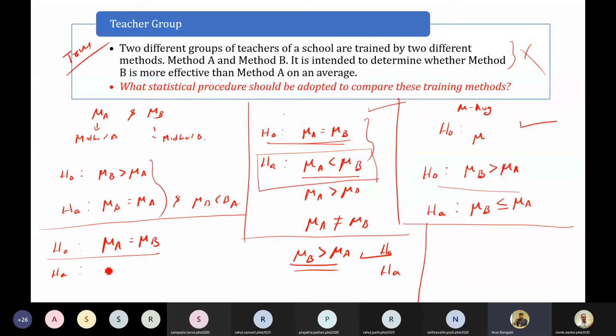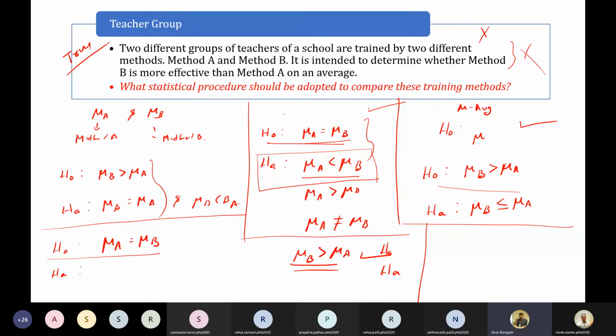What will be the null hypothesis? Let us assume that both the methods are equally effective. If both the methods are equally effective, then this statement will not hold good.